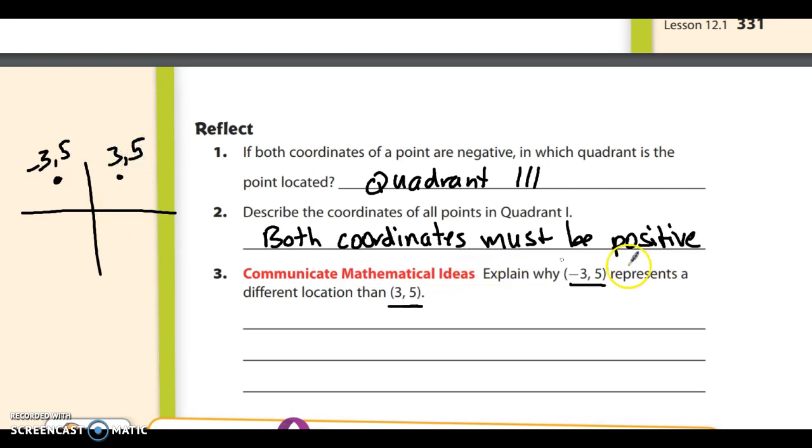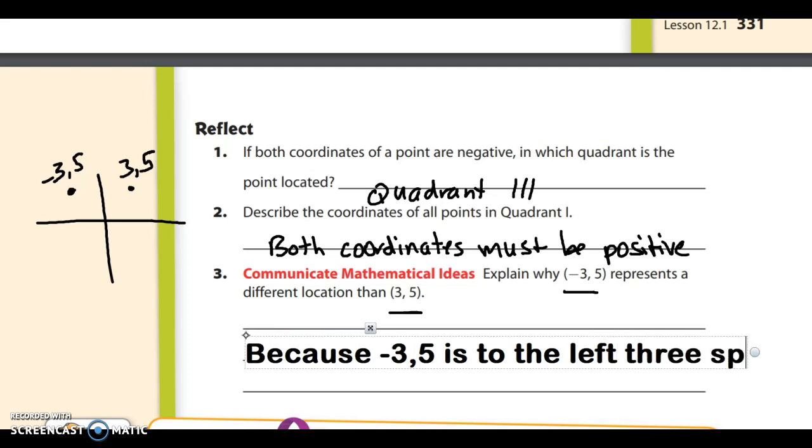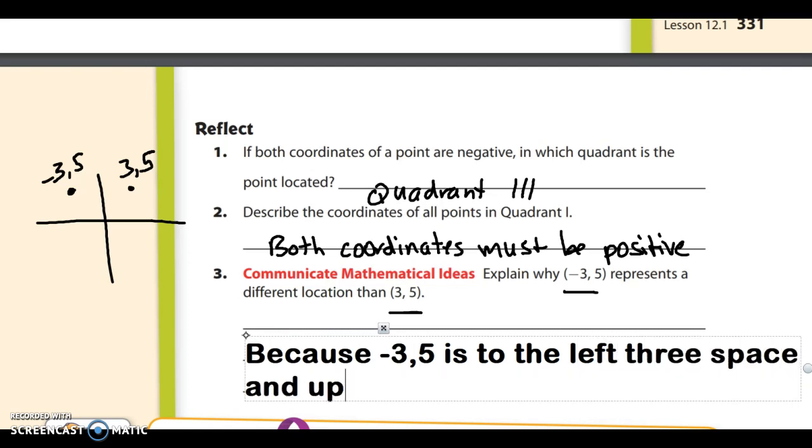It says explain why blank represents a different location than blank. Because negative 3, 5 is to the left 3 spaces and up 5.